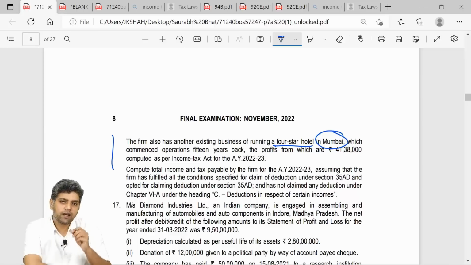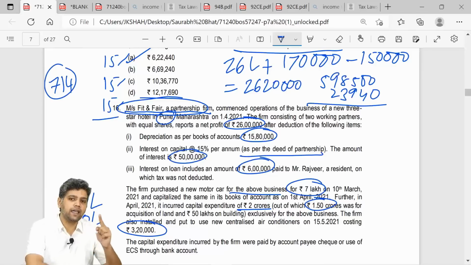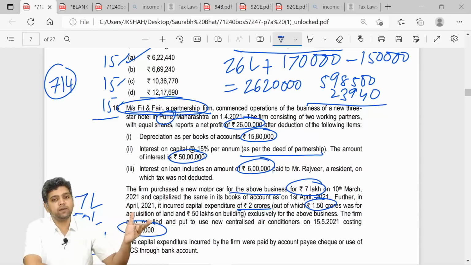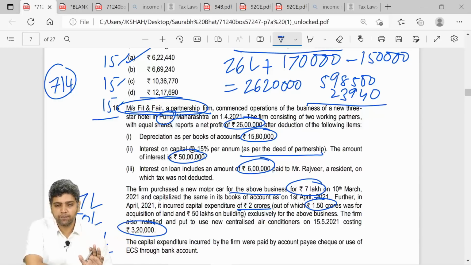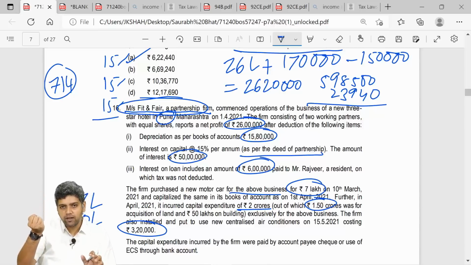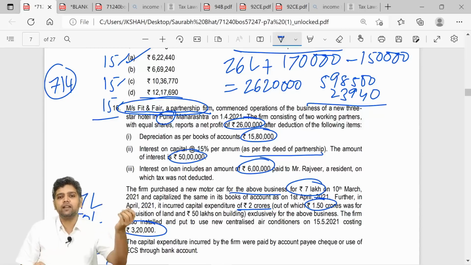So, loss from the current specified business, that is running of a hotel in Pune, I can set off that loss against the profits arising from Mumbai hotel, irrespective of the fact that Mumbai hotel is eligible or ineligible under 35 AD. So, section 73A says that in case you have loss from specified business, it can be set off against profits of a specified business. Doesn't matter whether that specified business against whose profits you are setting off, whether that is eligible for 35 AD or not, or whether you have availed 35 AD on that or not.